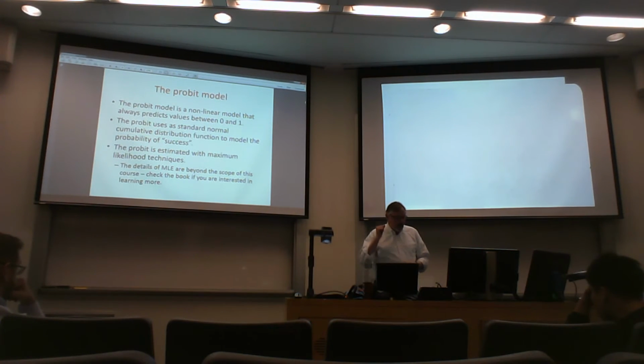Now, in probit regression, how it mathematically finds the coefficients, the betas, is different. It uses maximum likelihood estimation, which is beyond this class. I'll give you a little flavor of it later. It's just a different mathematical technique to accomplish the same thing, to find the best fit.